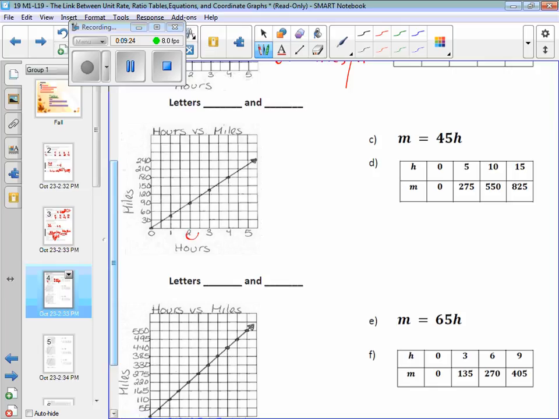But at 2 hours, you do have a nice round figure. At 2 hours, how many miles? 90. Okay, so there is your hours, there's your miles. Find the unit rate based on a ratio of 2 to 90.